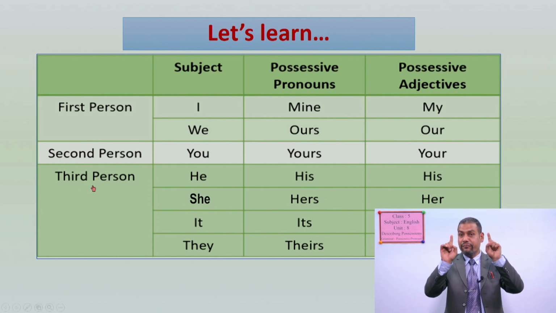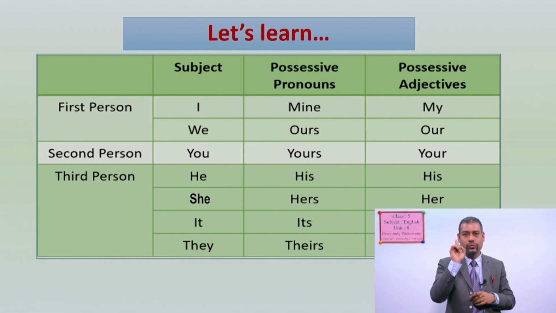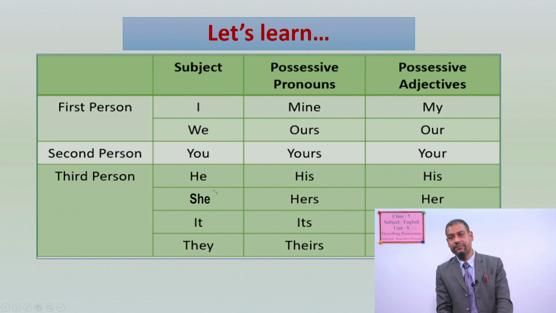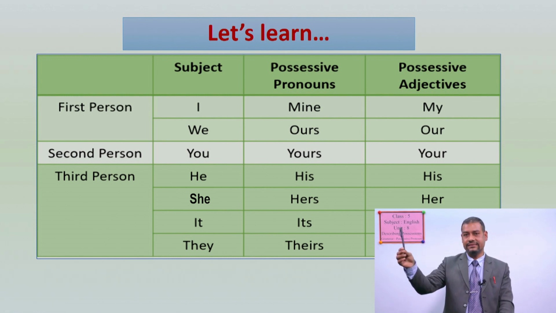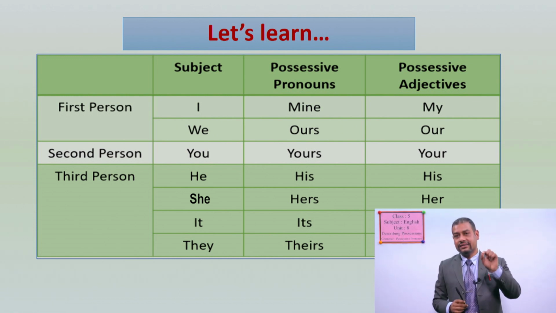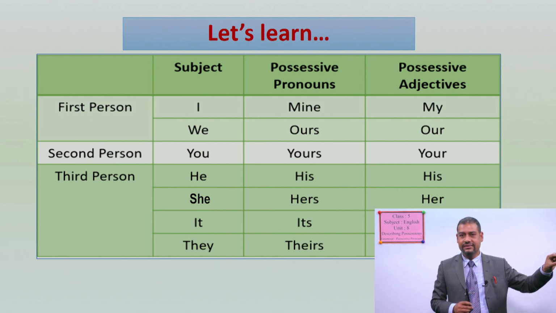Likewise, we have third person. If that is a male, a boy, and that is only one, for the subject you have to use he. For example, in place of Hari goes to school, we wrote he goes to school. Likewise, for possessive pronouns, his. If this pen belongs to Hari, I can say it is his. As we said, this doll is Binod's doll and it is his. Okay.